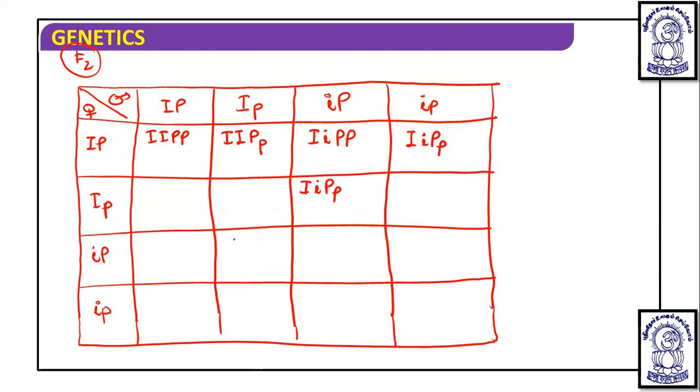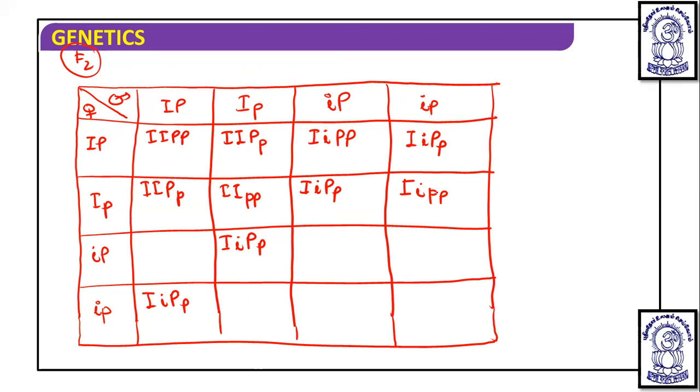And the same is going to be here. Here also it is going to be capital I, capital P, small p; capital I, small p, small p.